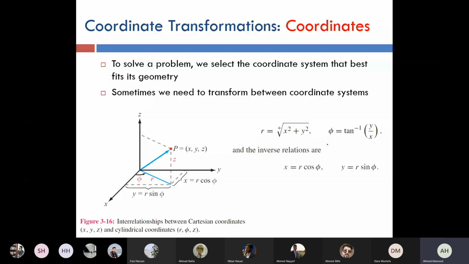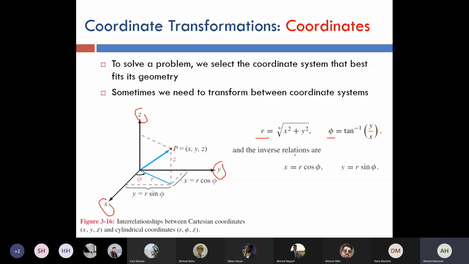For example, we can see here the Cartesian coordinate, which is based on x, y, and z. If we want to transfer from the Cartesian, you will have r equal to root x squared plus y squared, while phi is equal to tan to the power of negative one, the inverse, of y divided by x.